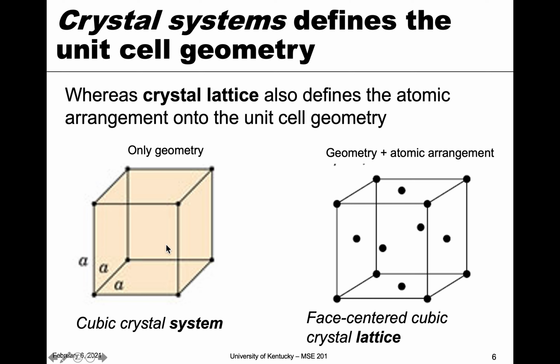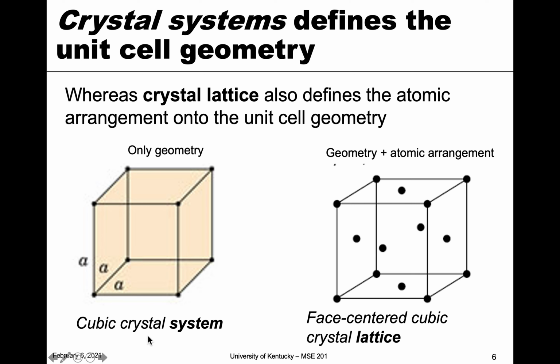So the cubic crystal system was a cube, right? And so we have A, B, and C are all equal, so we just call them A, and then the angles are all 90. So we've defined those lattice parameters, and so it's just a cube. So the cubic system, though, we saw different cubic versions, right? We saw simple, we saw BCC, we saw FCC, and we also saw diamond cubic, right?